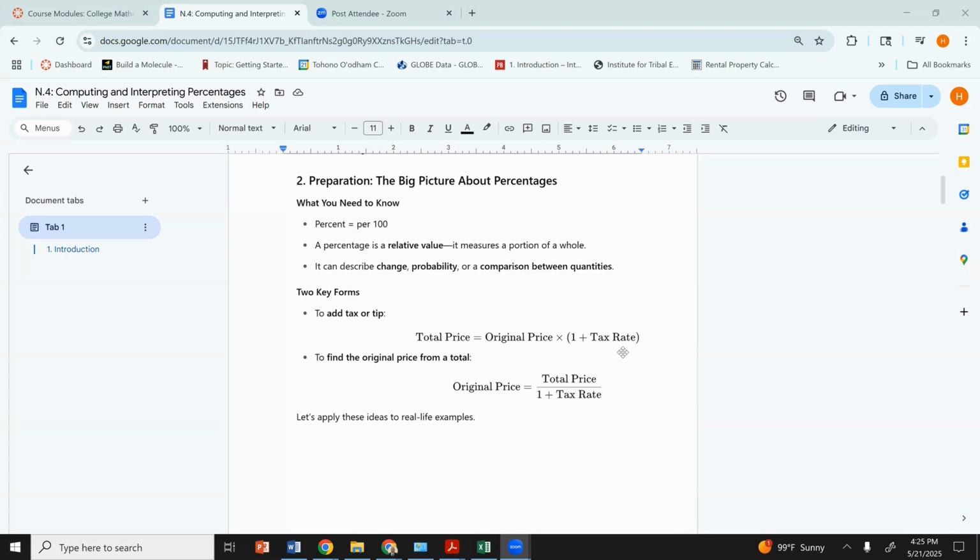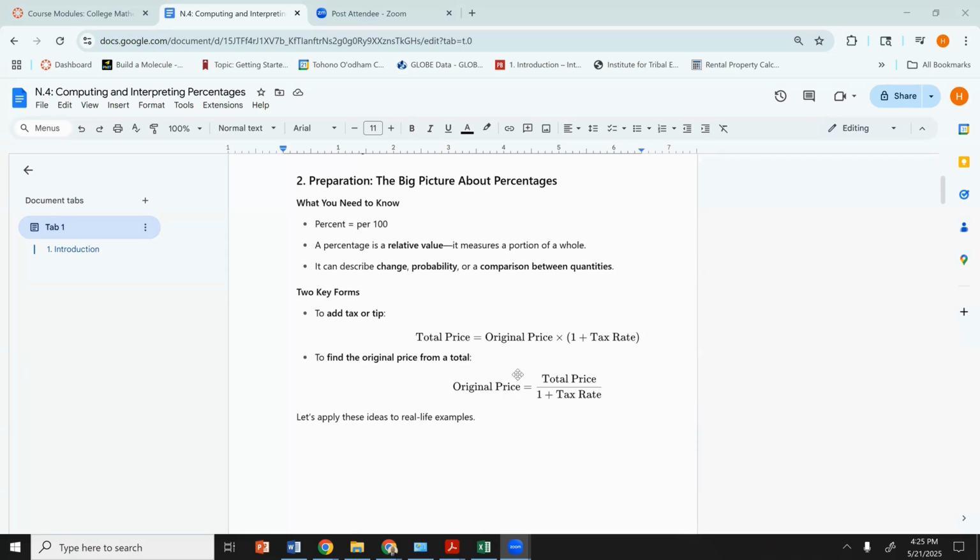How about if you want to find the original price from the total? You are asked to pay something, and you want to figure out how much tax or tip you paid. You can reverse engineer to find what exactly you paid in taxes.